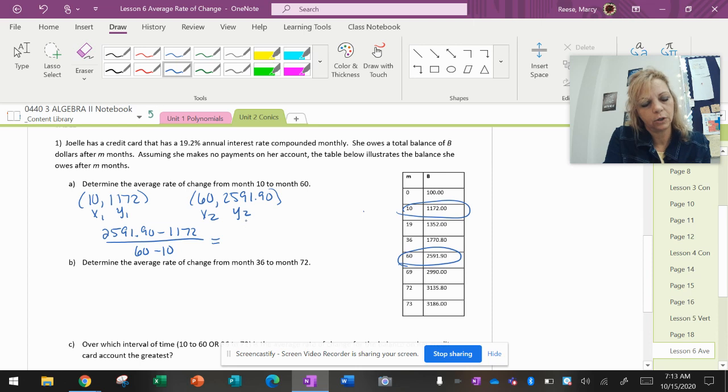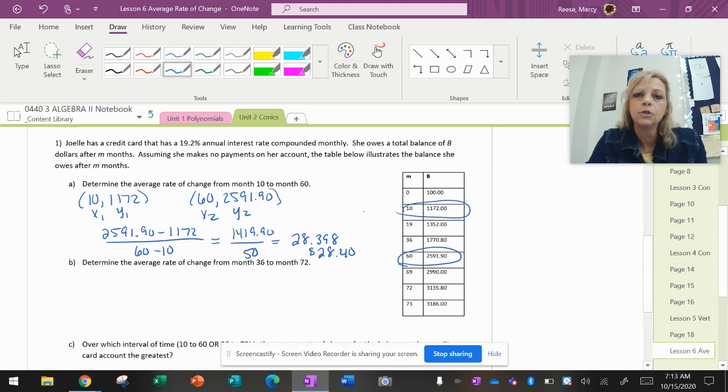Okay, so you're going to subtract the 2, and there's the top, and there's the bottom, and it's 28. So that means, let's talk in terms of money, it's $28.40.